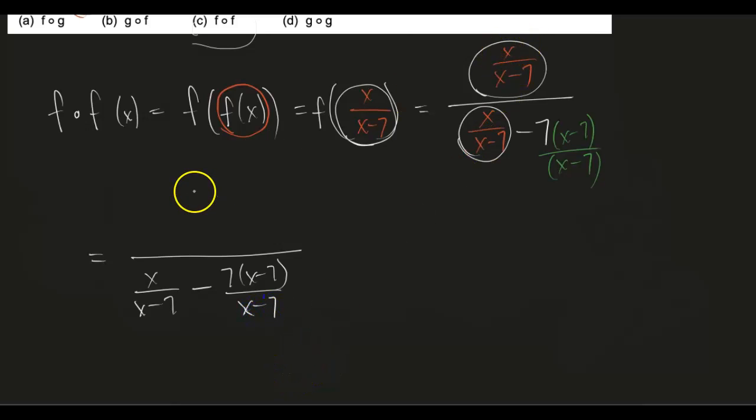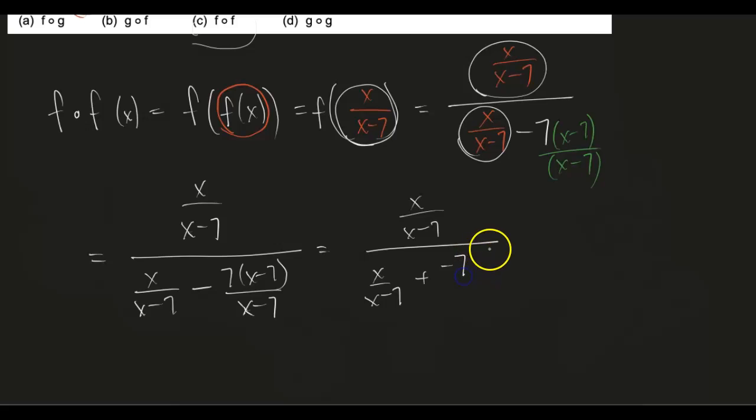I'm just going to repeat the numerator just to keep everything together here, like so. I am distributing a negative 7 into this set of parentheses here, so just keep that in mind as we work that out. So that now becomes plus a negative 7x plus 49 over x minus 7.